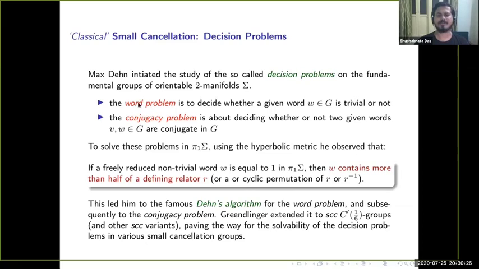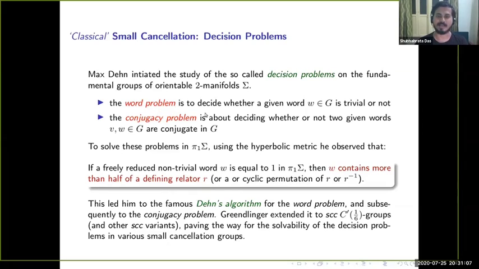The two problems I would mention are the word problem, which is to decide whether or not a given word is trivial, and the conjugacy problem, which is about deciding whether or not two given words are conjugate in the given group G. He proved that for fundamental groups of genus g surfaces, these problems are solvable, in the sense that we can design an algorithm.